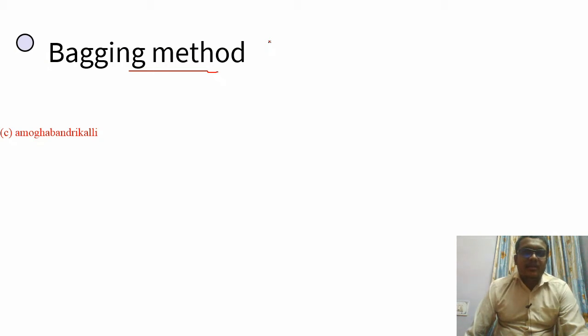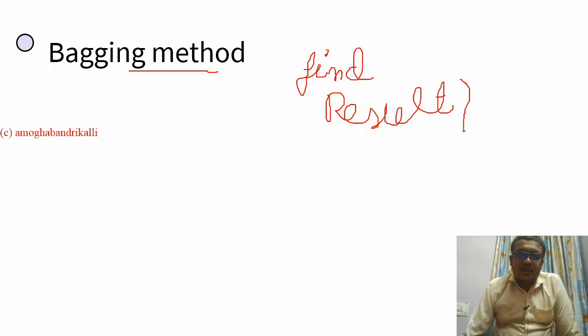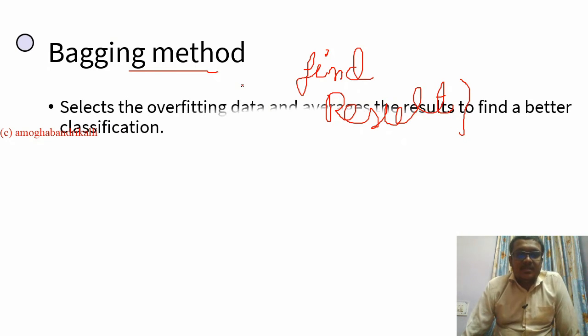Bagging is another method. Whenever overfitting of the data is going to happen in ensemble learning, it is going to find the average of the results. Once the average of the results is found, the overfitting is removed.